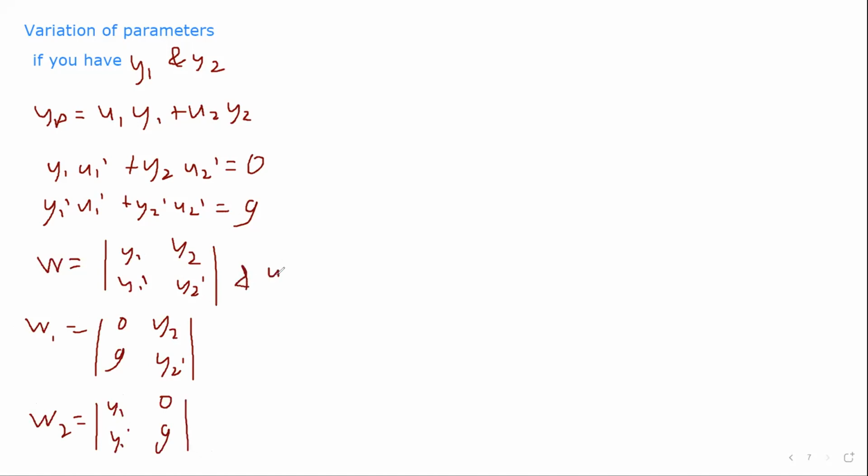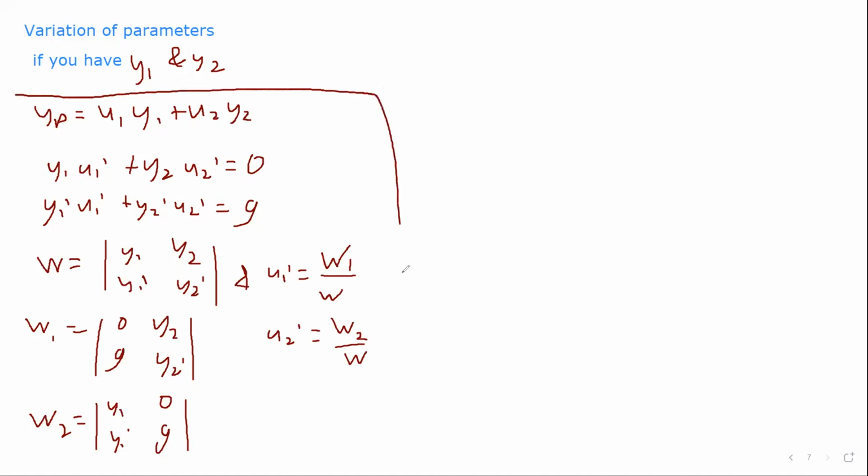And u1 prime equals W1 over W, and u2 prime equals W2 over W. And this is everything you need to know for variation of parameters. As long as you can solve determinants, you are good.